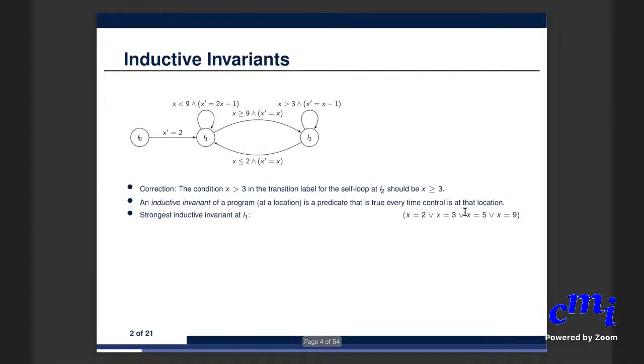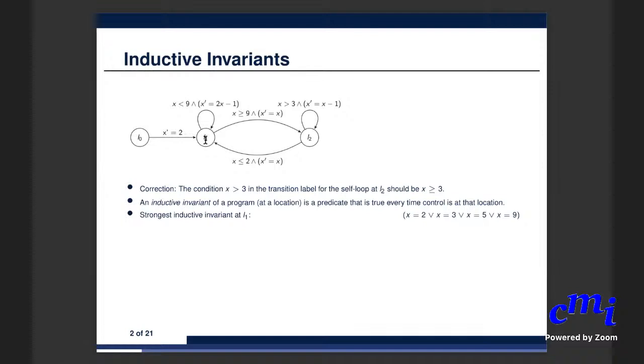So for example, at location L1, what can you say about the possible values that x can take at location L1? I showed you in that example how you could make a predicate at each location to capture the possible values that the program variables can take at that location whenever the control reaches it.